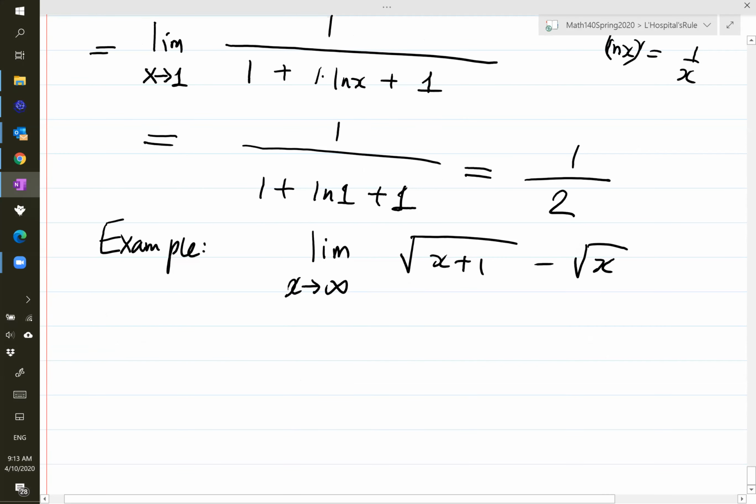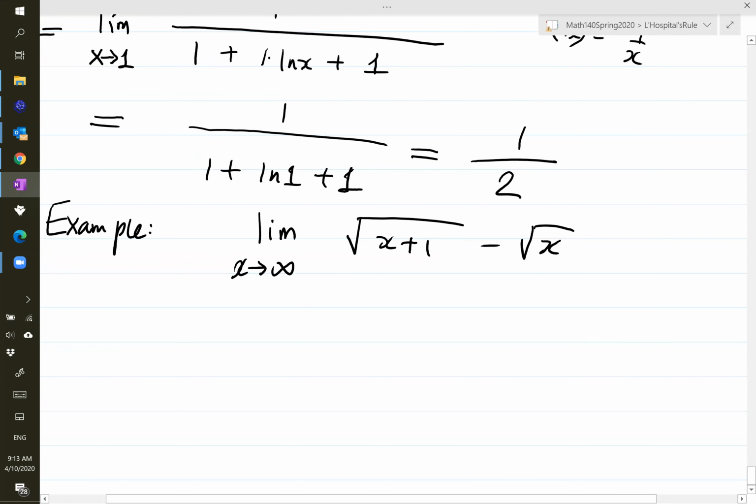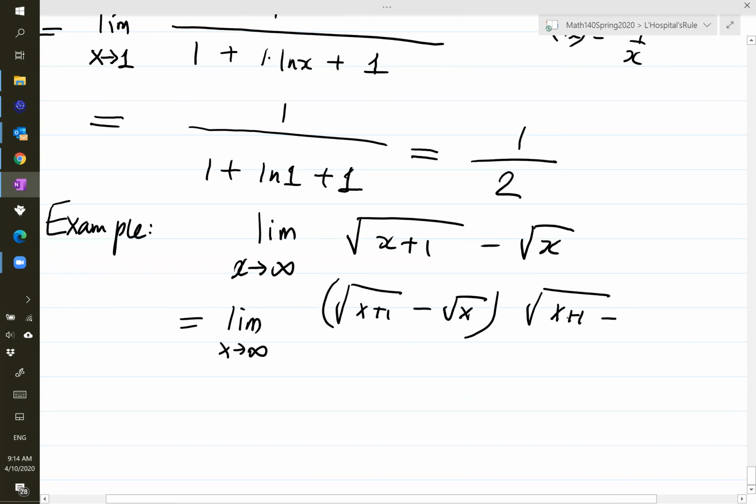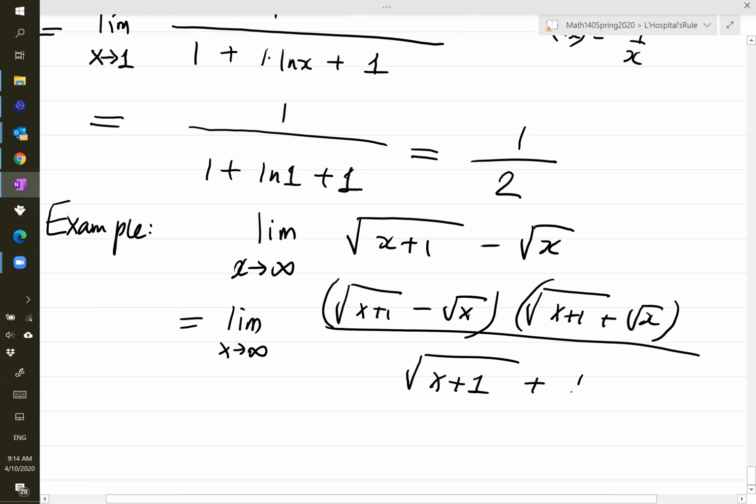Now, this difference is simple. What we do is we multiply by its conjugate, and then we divide. So that we just multiply by 1, so the value does not change.